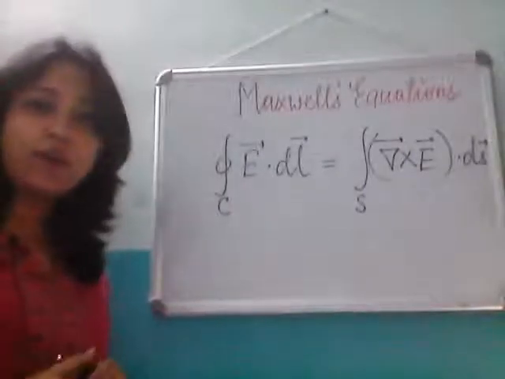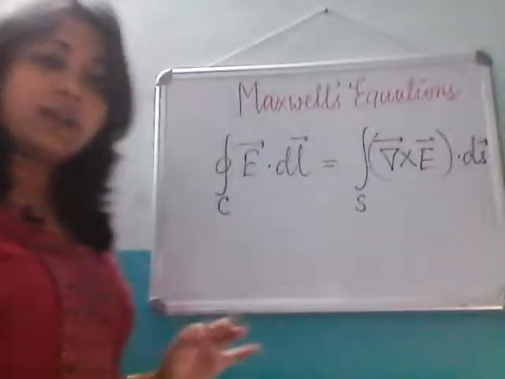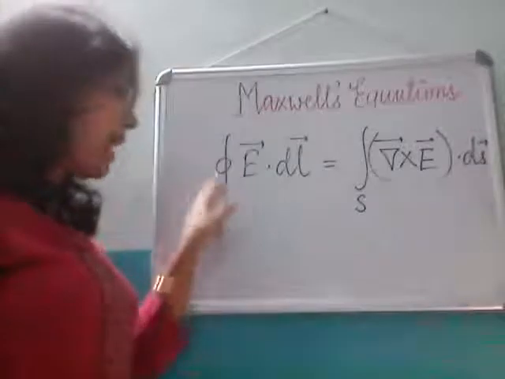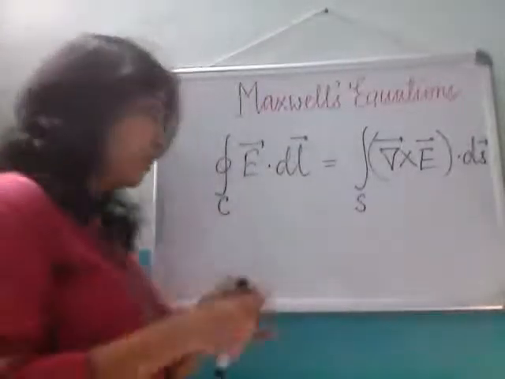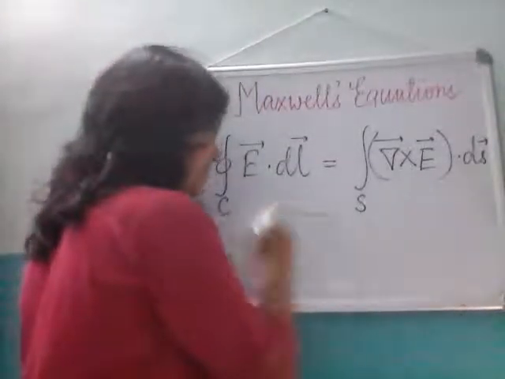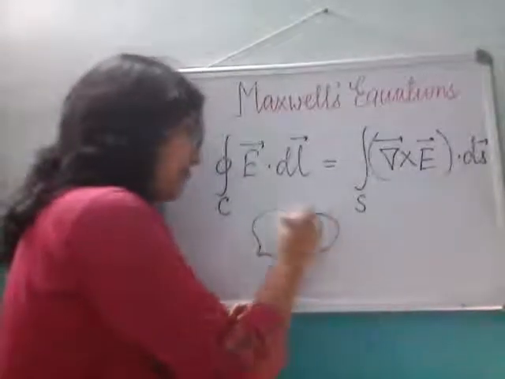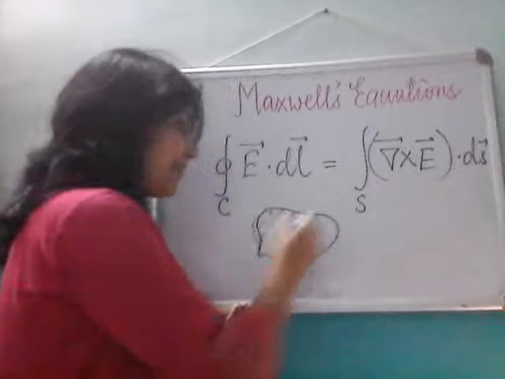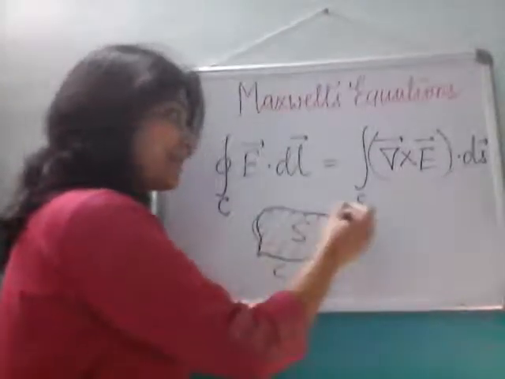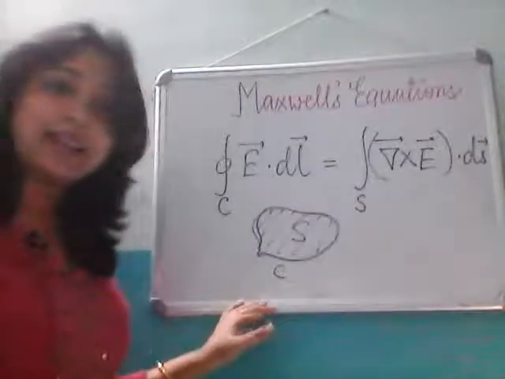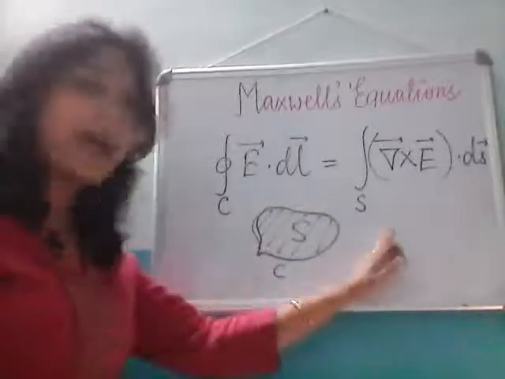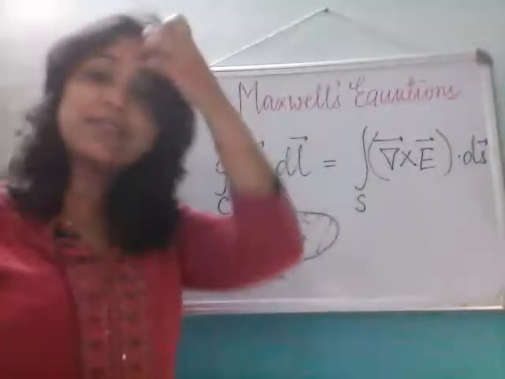Okay, I hope everything is visible. Now let us try to understand that. Now see, when I am talking about a closed contour, suppose this is the contour that I am considering, this is closed. So this contour will be containing a surface S within it. And this surface is exactly the surface that has joined this C and this S in our Stokes theorem.